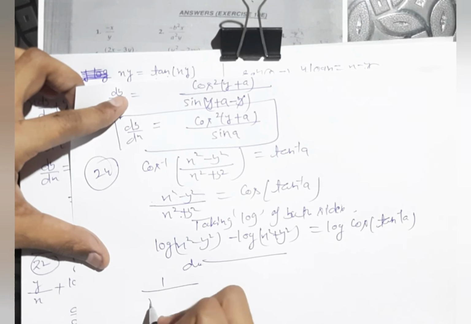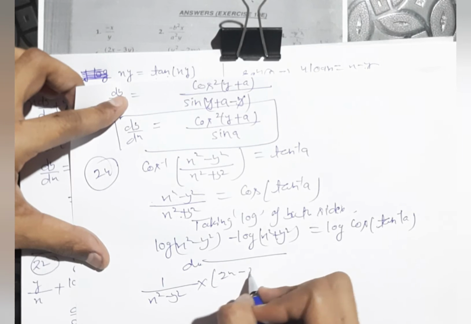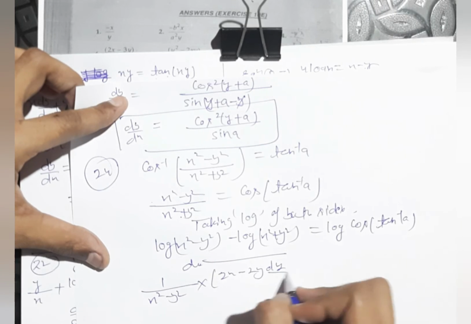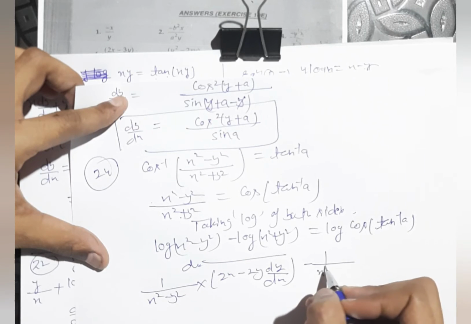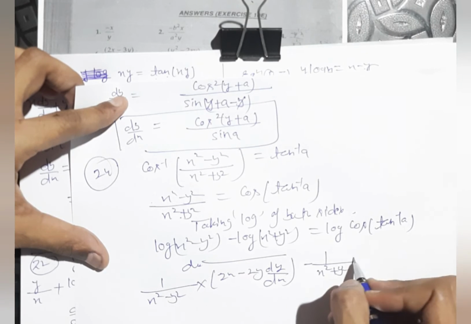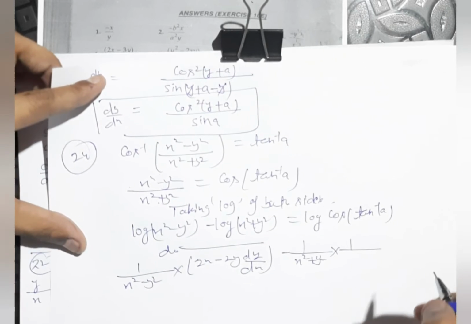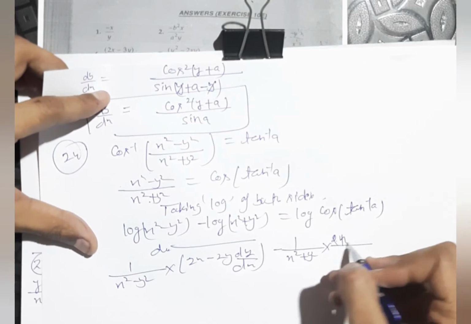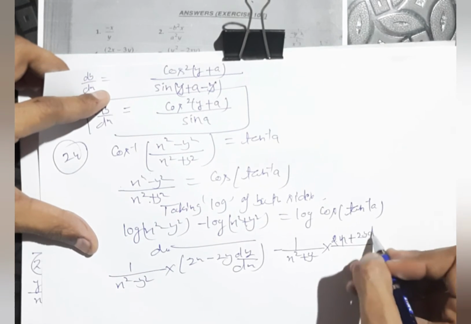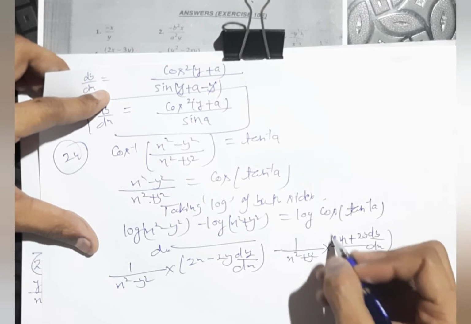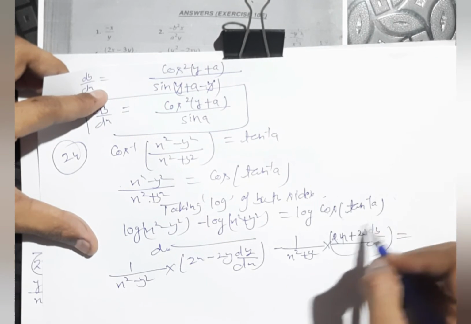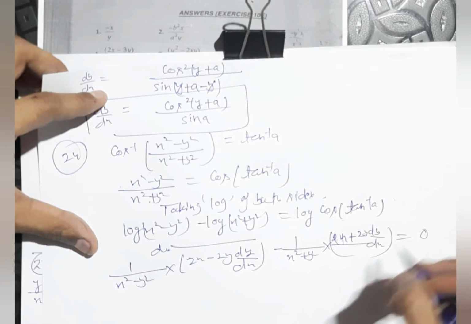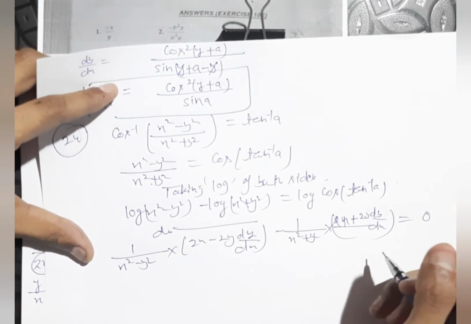So derivative of log x is 1 over x, so 1 over x square minus y square multiplied by 2x minus 2y dy over dx, and minus 1 over x square plus y square multiplied by 2x plus 2y dy over dx equals, here there is no variable, so it is constant, so its value is just 0.